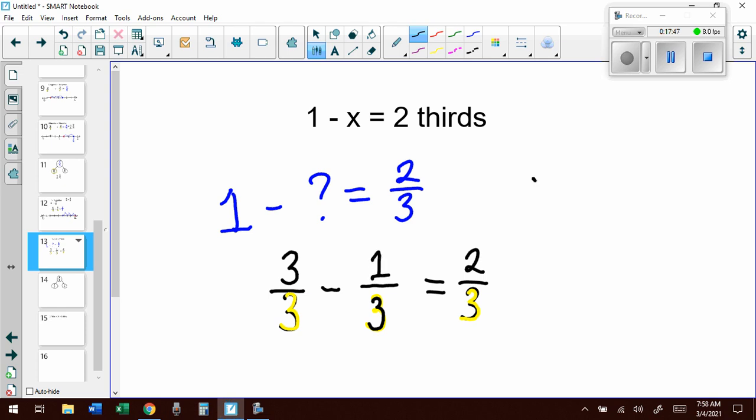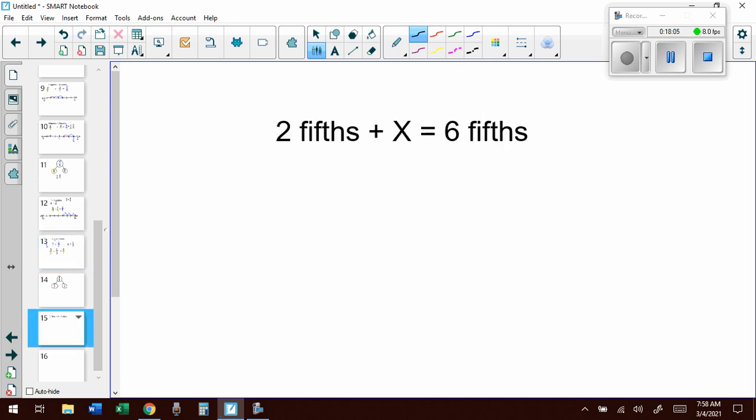So in this case, x equals 1/3. Because the question here isn't what it equals, it's what is x. It's like a puzzle. X equals 1/3.